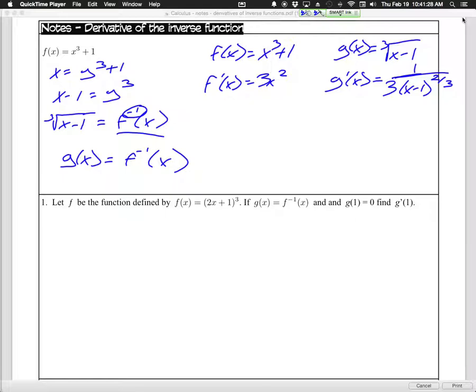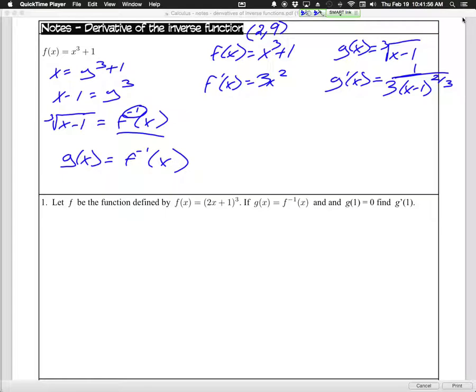Alright, now let's look at some ordered pairs. Would everybody agree that the ordered pair 2, 9 is in f? Yes. If I plug 2 in, 2 cubed is 8, 8 plus 1 is 9.